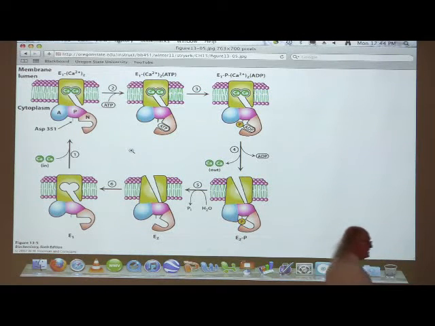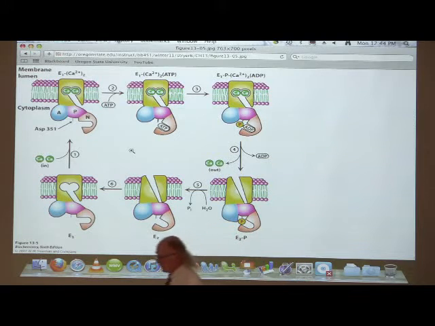So P-type transporters, they're also called P-type ATPases. P-type transporters have a step in their mechanism where a phosphate becomes transiently attached to the protein. That is the transporter protein.